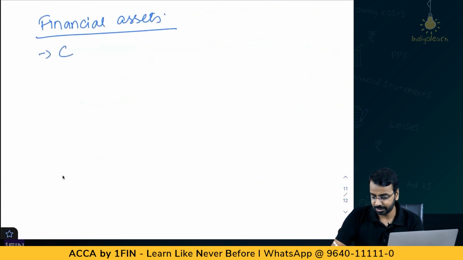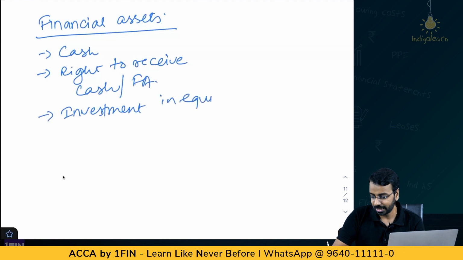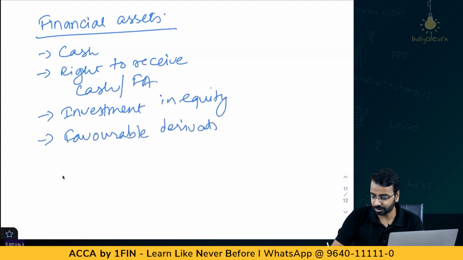Now, when we talk about financial assets, it is cash, or there is a right to receive cash or another financial asset, and this includes investment in equity, and this also includes favorable derivatives. Okay.